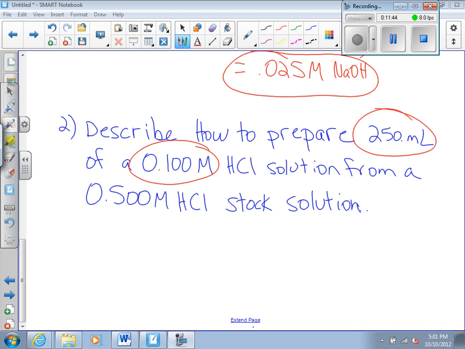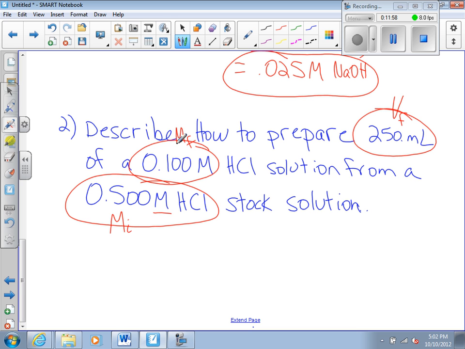Hopefully you realize these two things that I've circled, that's my final condition. That's what I want to prepare, and that's what I end up with. This is my final molarity, my final volume. And over here, this must be my initial molarity. It's clearly a molarity, and the only other molarity I could use is an initial. So I must be trying to find the only missing piece, which would be the initial volume.